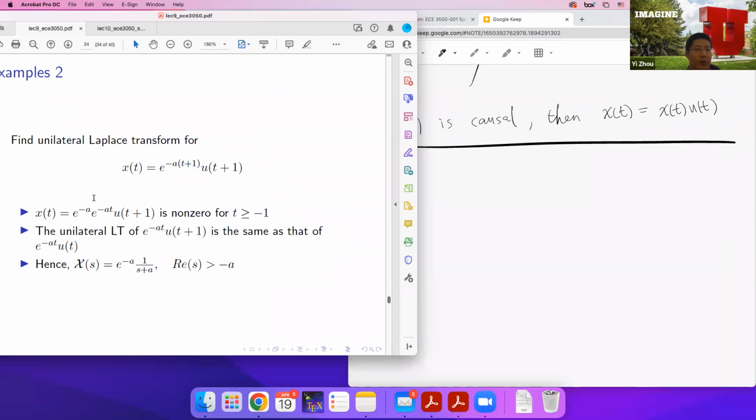So for this signal, first we observe that because of u(t+1), because of this unit step function, the signal will be non-zero whenever t is greater than -1, because the u(t) is shifted to the left by 1 unit. So this signal is non-zero for t greater than -1.